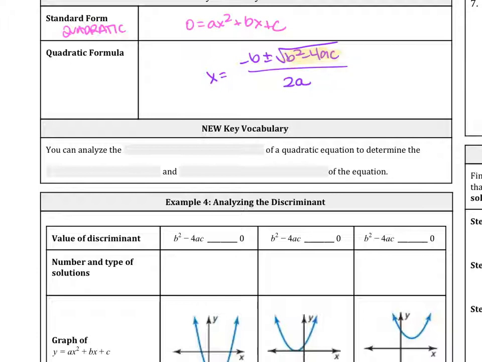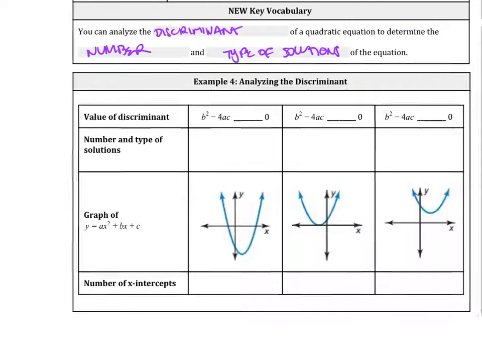b squared minus 4ac. You can analyze the discriminant of a quadratic equation to determine the number and type of solutions of the equation.